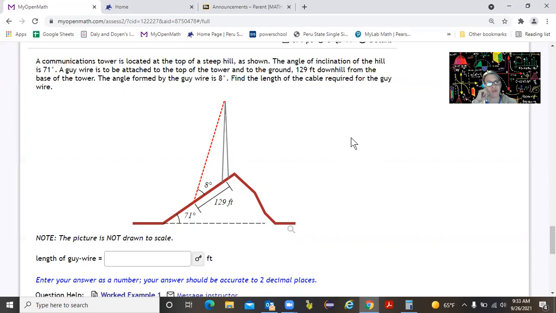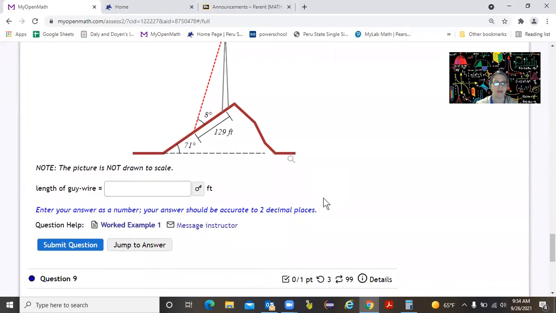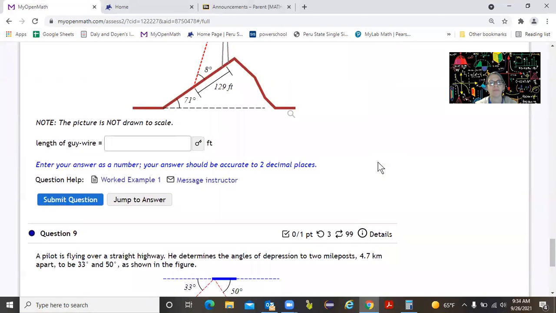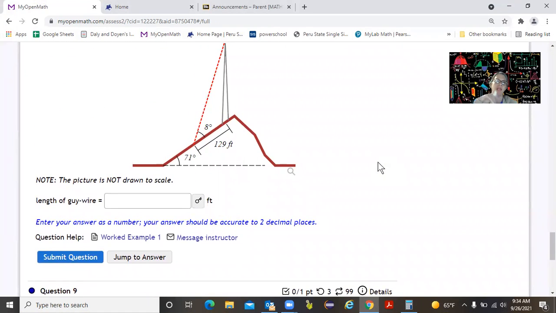So you will be able to work from there to find your different pieces. So that one won't be too bad, I don't think. And there's one that's worked out for you already, so you can look through that example as well. But this is just a matter of getting those pictures down.